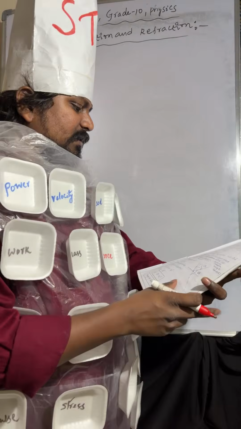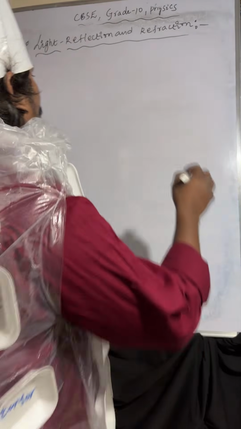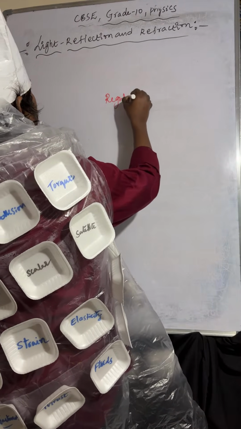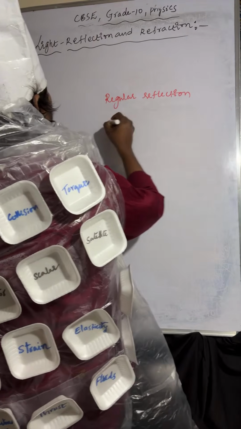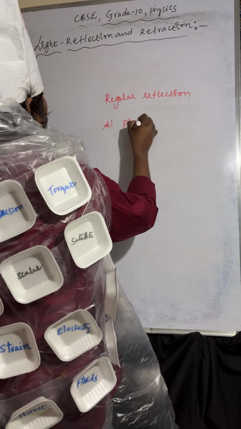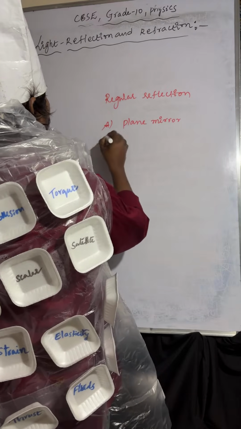One more question. Regular reflection takes place. Regular reflection example: A is plane mirror, B is wall.